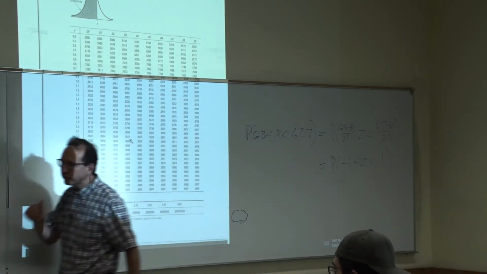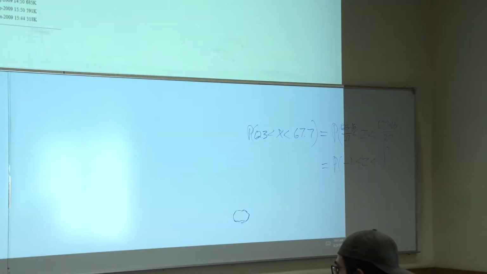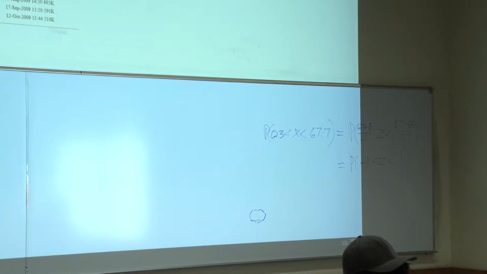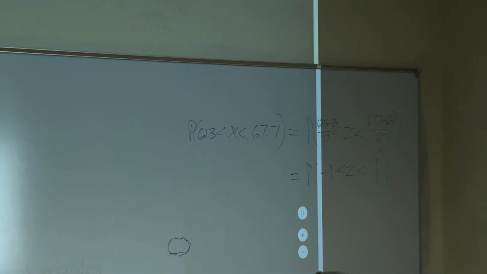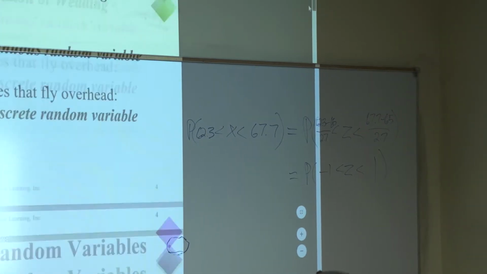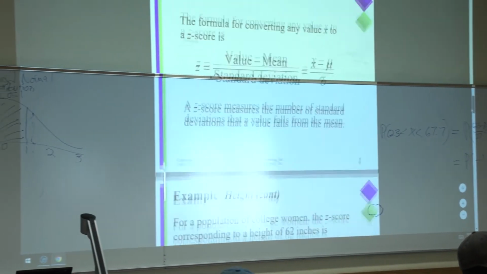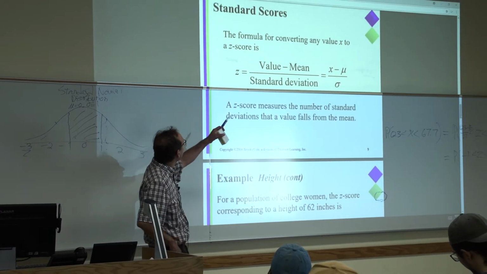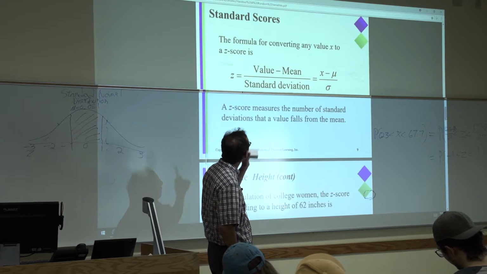And this is discussed in the lecture notes right here. The formula for converting any x value to a z-score is you take the value minus the mean divided by the standard deviation.